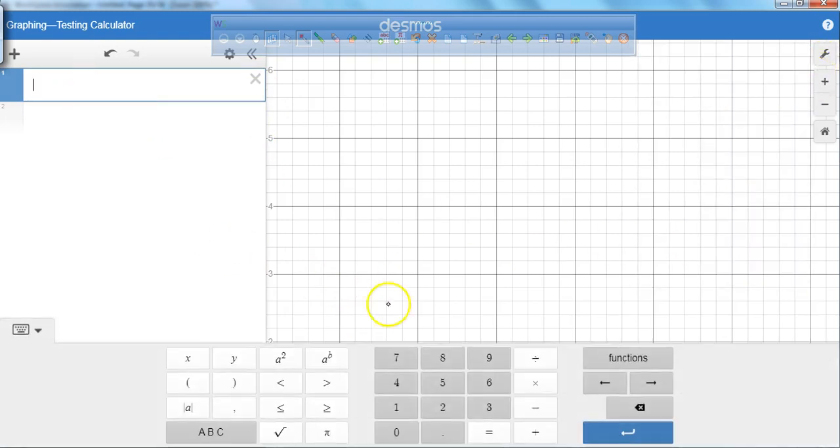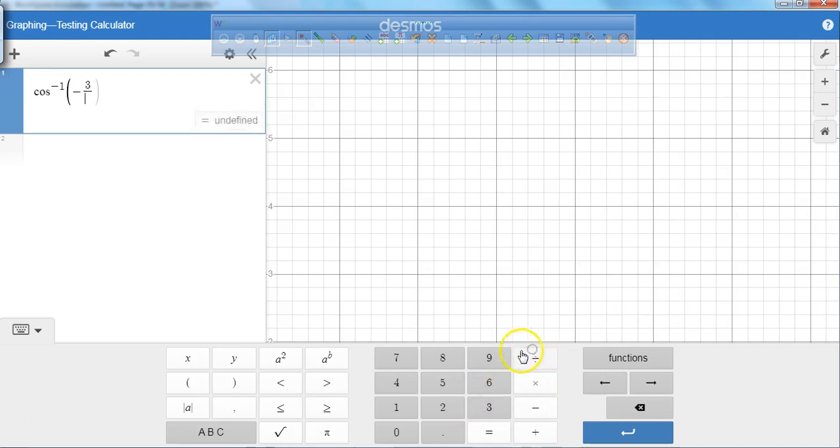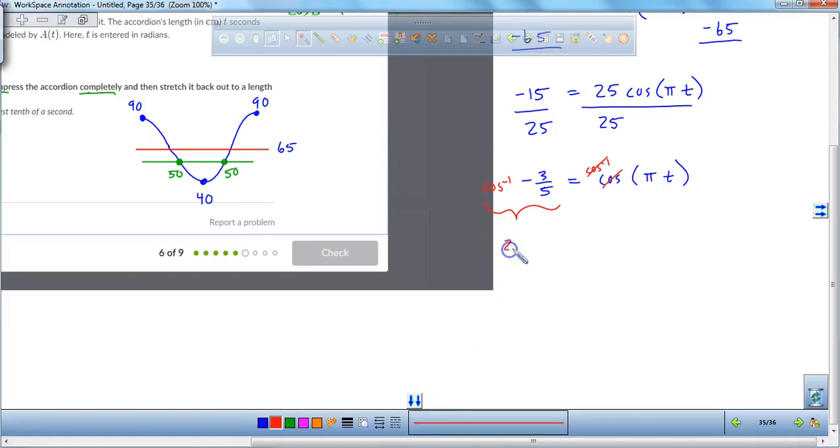All right, here we go. Functions, inverse cosine, negative 3/5. Negative 3/5 is 2.21. So I'm going to put 2.21 equals pi times t.